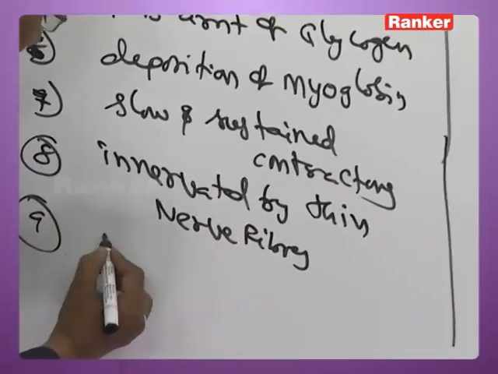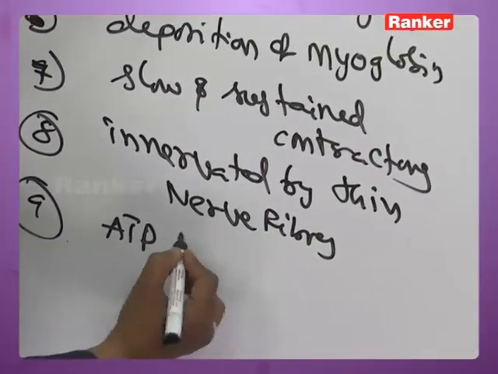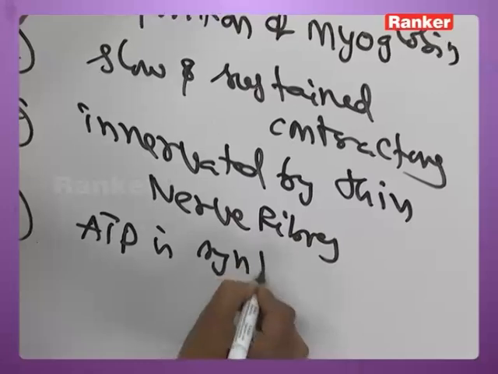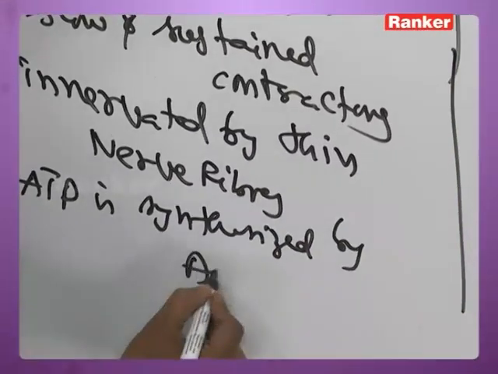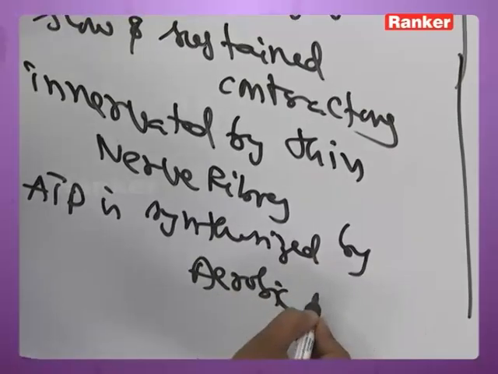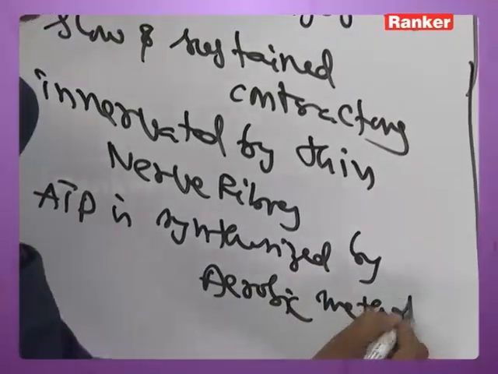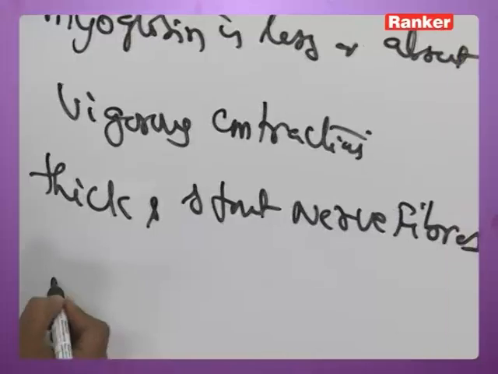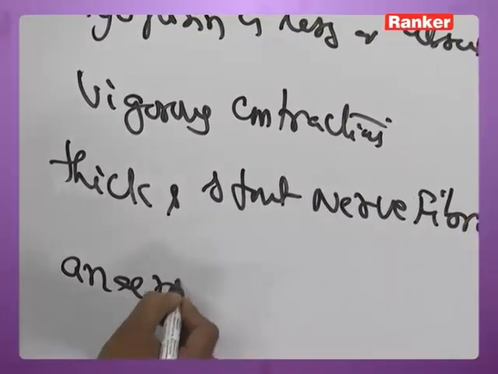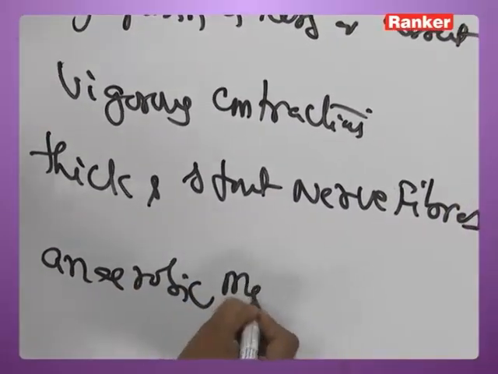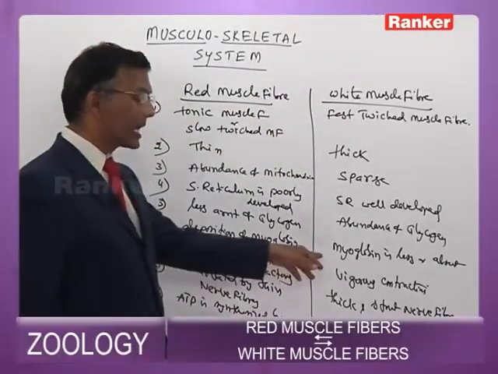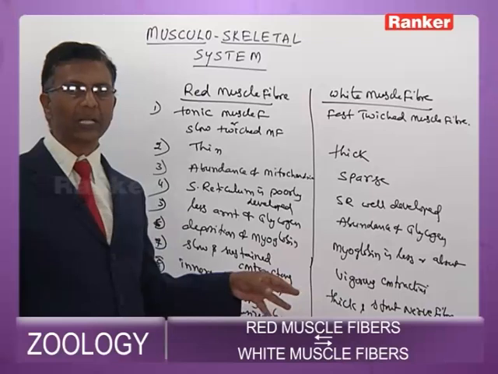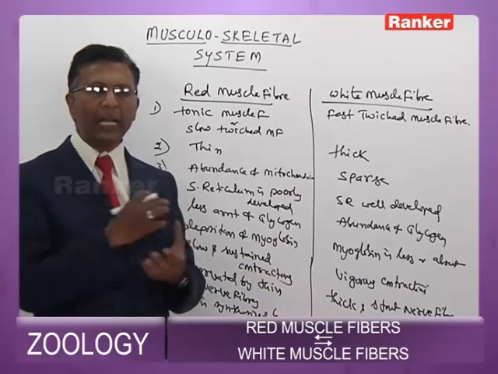Now, red muscle fibers synthesize ATP mostly by the aerobic method, whereas white muscle fibers synthesize ATP by the anaerobic method. White fibers undergo very fast and vigorous contractions, so they require ATP quickly.